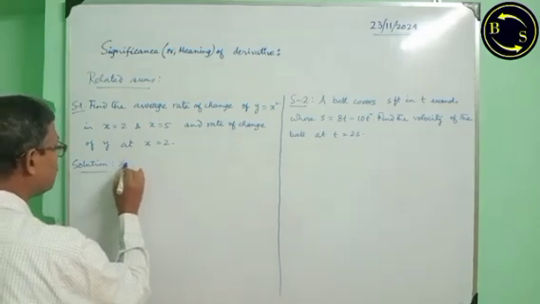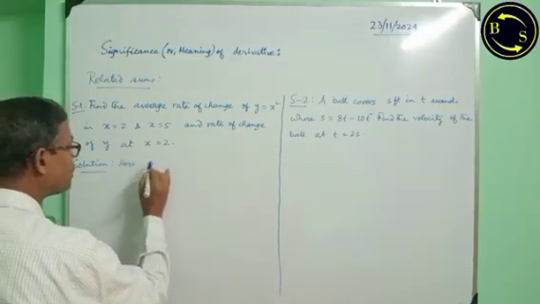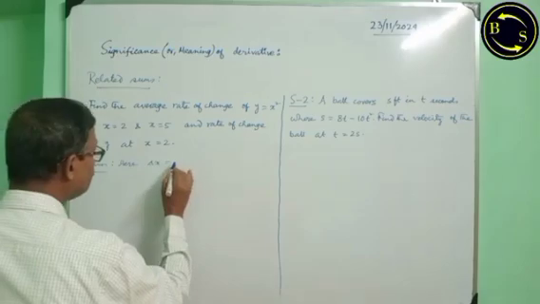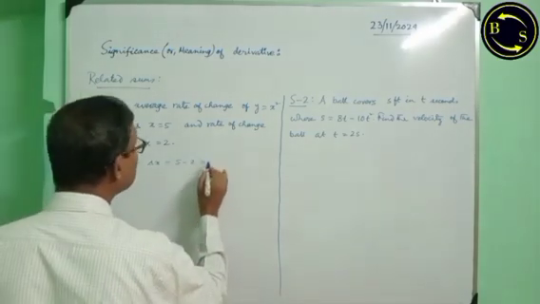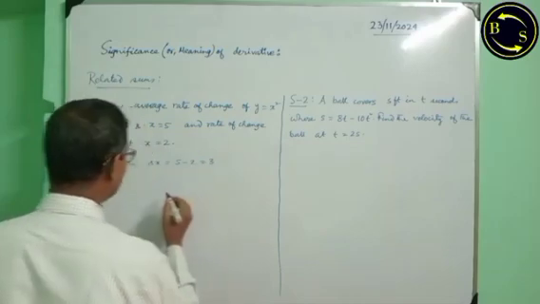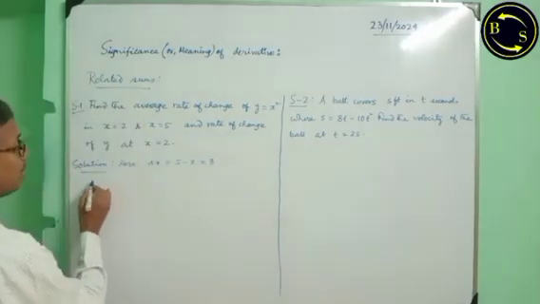Here delta x equal to 5 minus 2, that is 3.